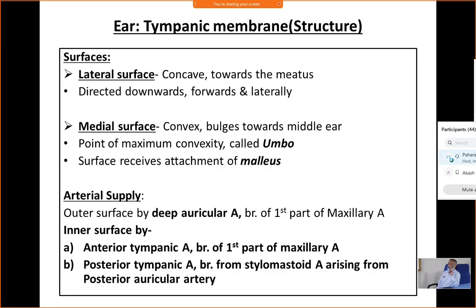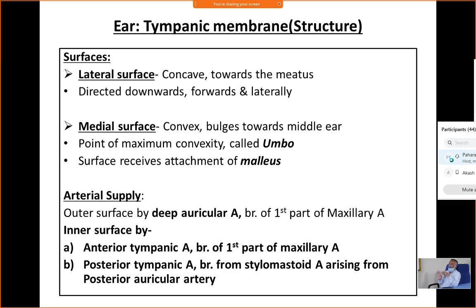Then surfaces. The lateral surface is concave due to the umbo, with the concavity towards the external acoustic meatus, and it is directed downwards, forwards, and laterally. As the lateral surface is concave, the medial surface will definitely be convex. The medial surface is convex and bulges towards the middle ear cavity.